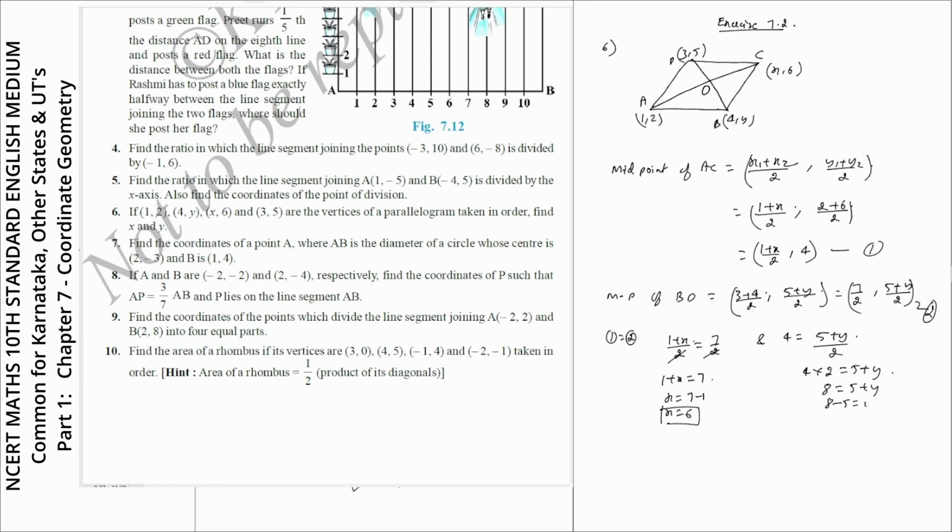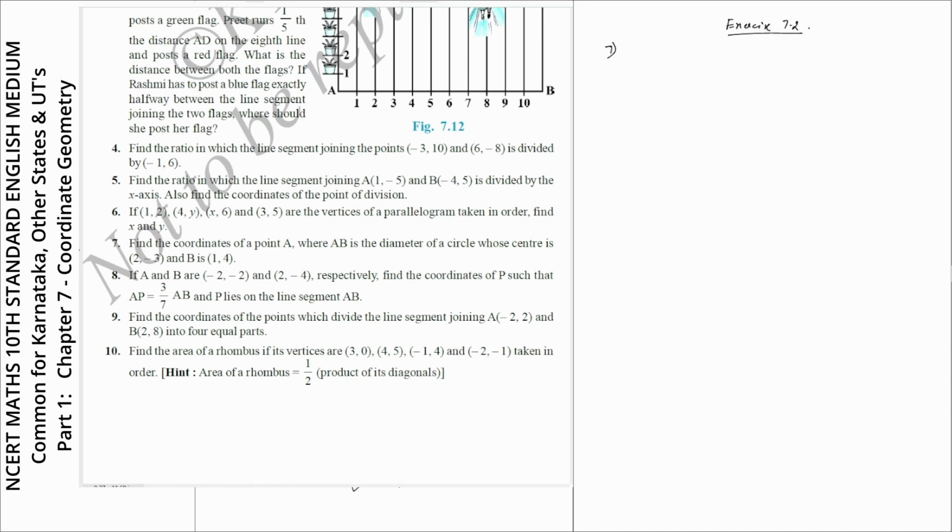So 8 minus 5 is equal to y, 8 minus 5 is 3. So x is equal to 6 and y is equal to 3. Oh, sorry, it's not the coordinate of O. x is the x coordinate of C, that is 6, and y is equal to 3 is the y coordinate of point B. And that completes this question.